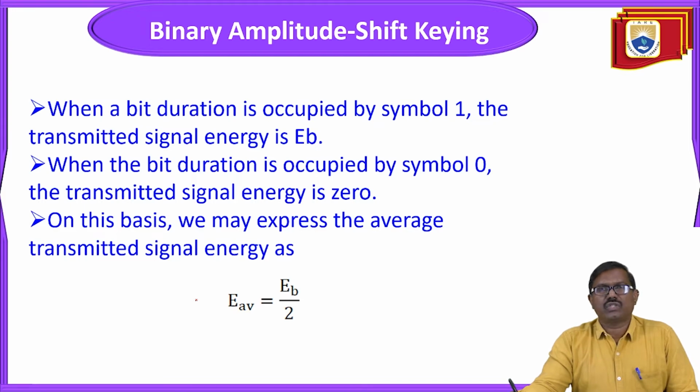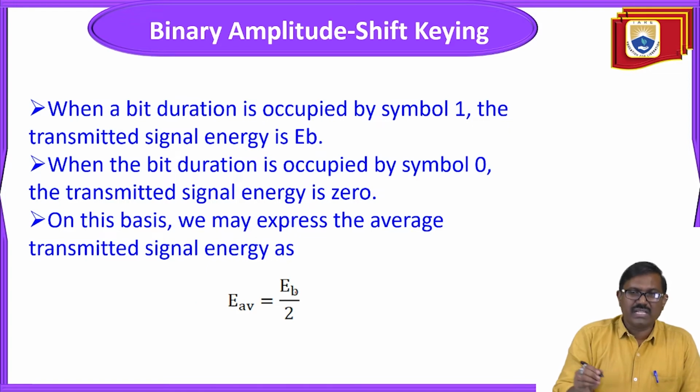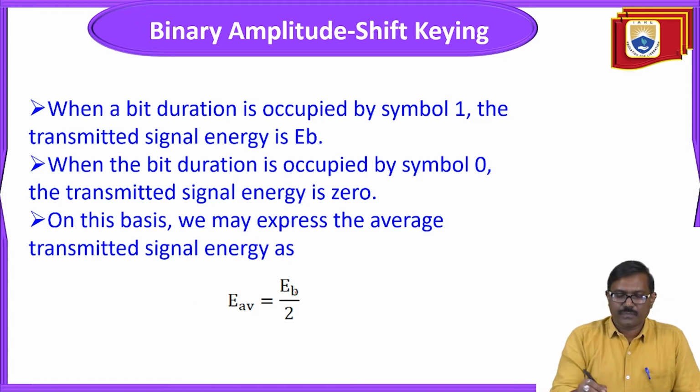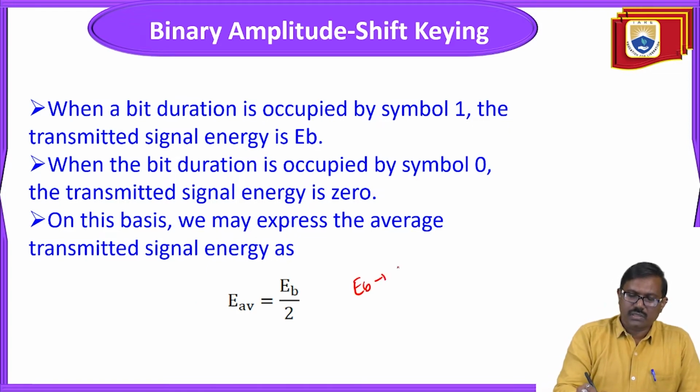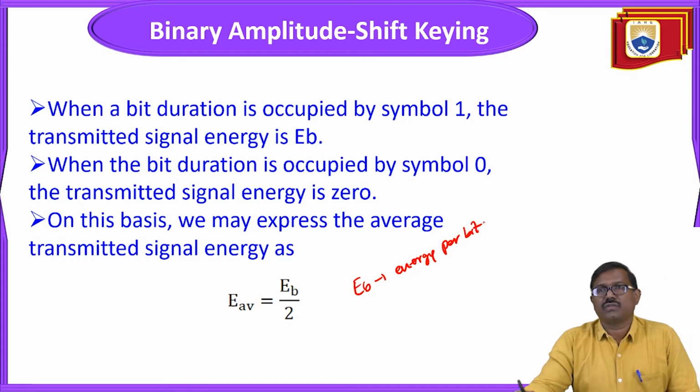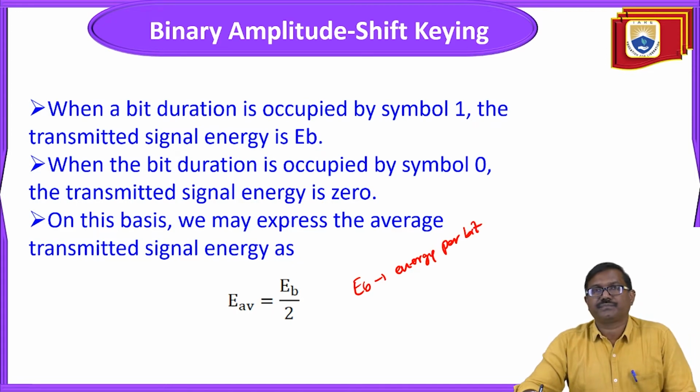On this basis, we may express the average transmitted signal energy as E average equal to Eb by 2, where Eb is the energy per bit.